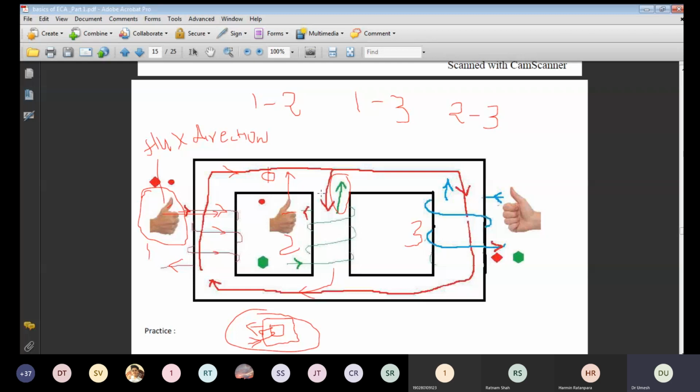So if this winding is the same as your hand position, then you can say that this is the entering end. So the first finger is the entering end and the last finger is the leaving end. Your last finger indicates the leaving end, and the first finger indicates the entering end.